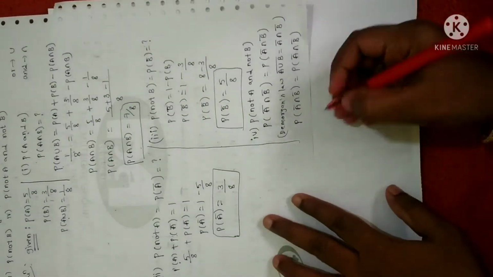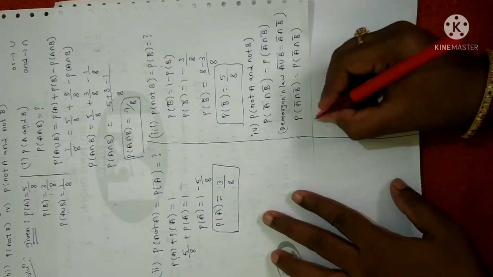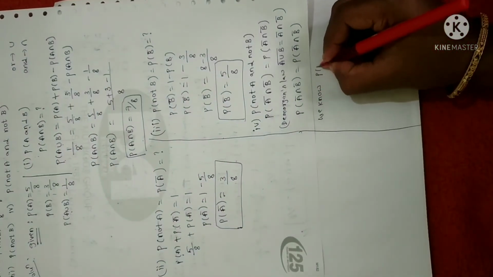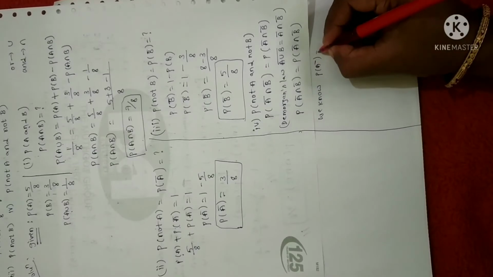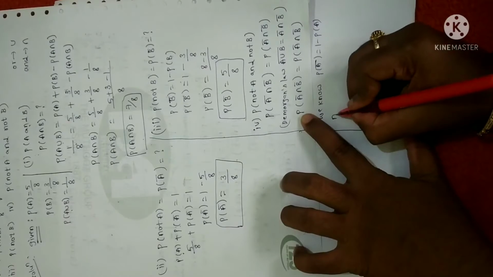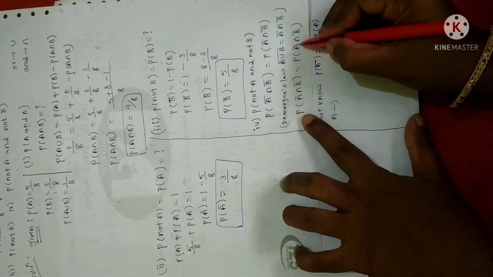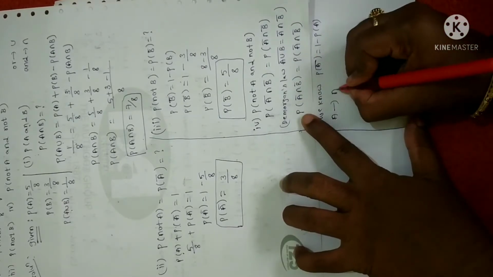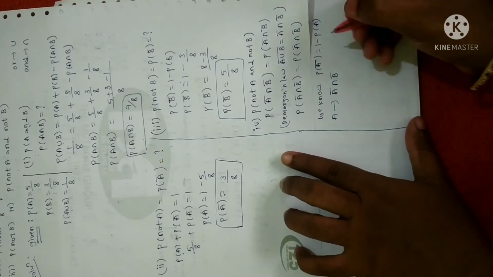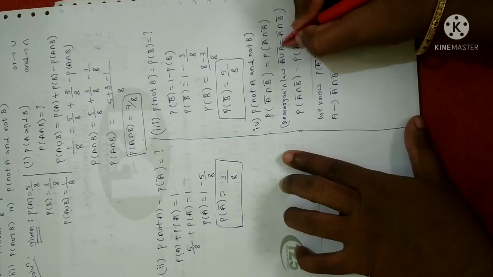Now I'll just continue here only. Now we know the relation between A and its complement. Just now I have written P of A bar is equal to 1 minus P of A, right? Now replace A by what you have in place of A. I'll just replace A by A bar intersection B bar. Clear? I'm sorry, I have not replaced here.